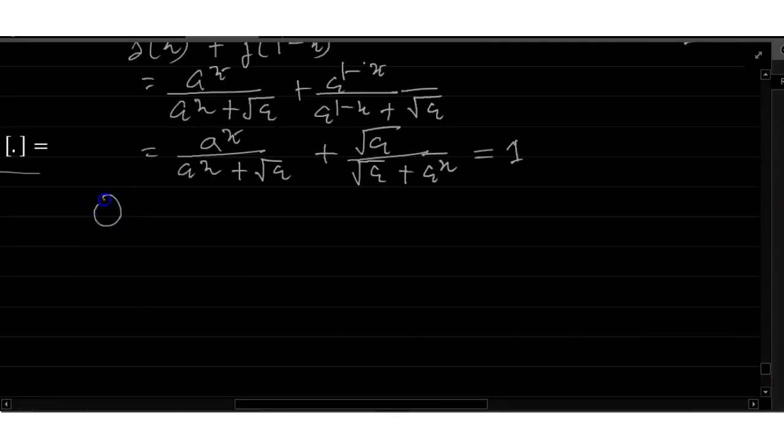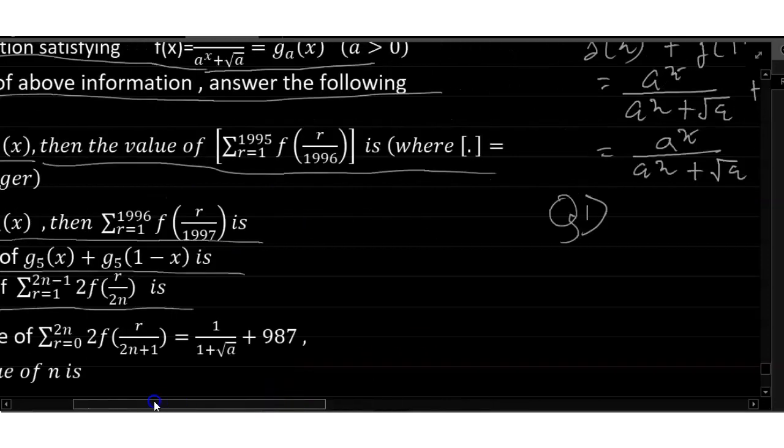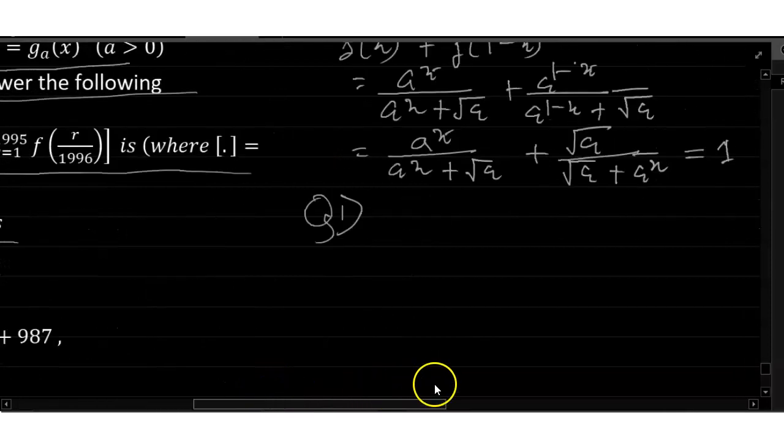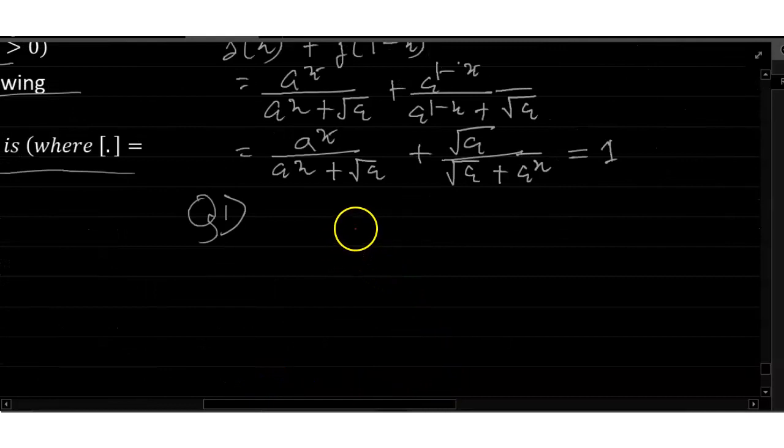Question number 1. Now we will discuss question number 1. What is question number 1? Set r equals 1 to 1995, the summation of the greatest integer of r by 1996.